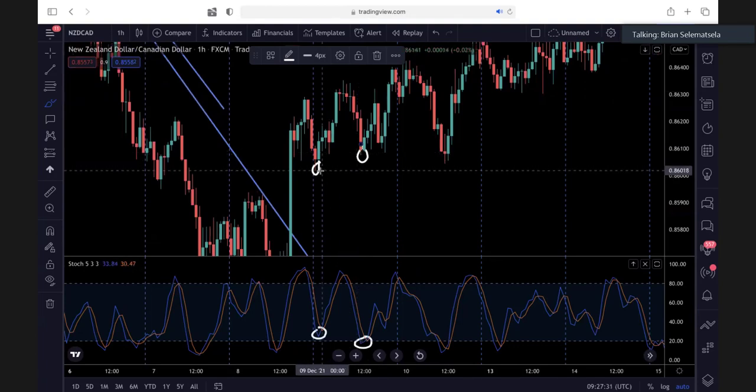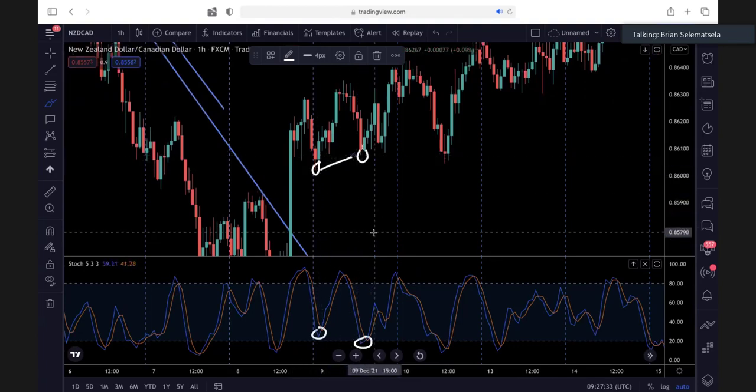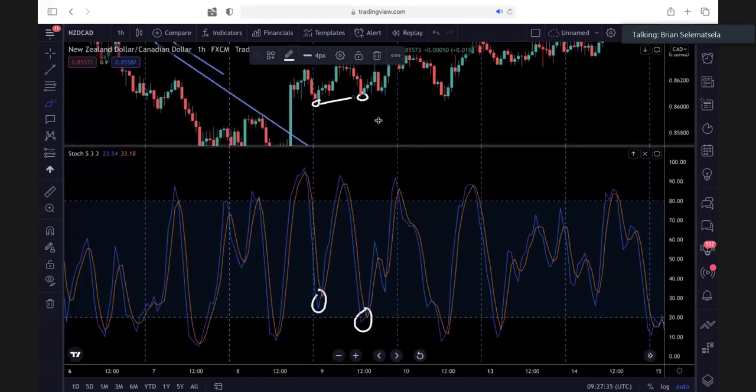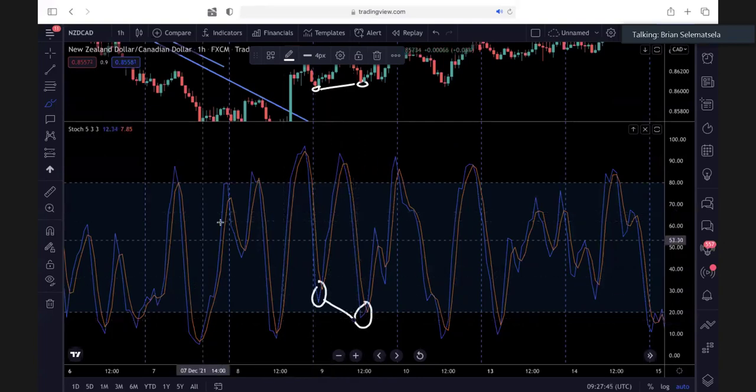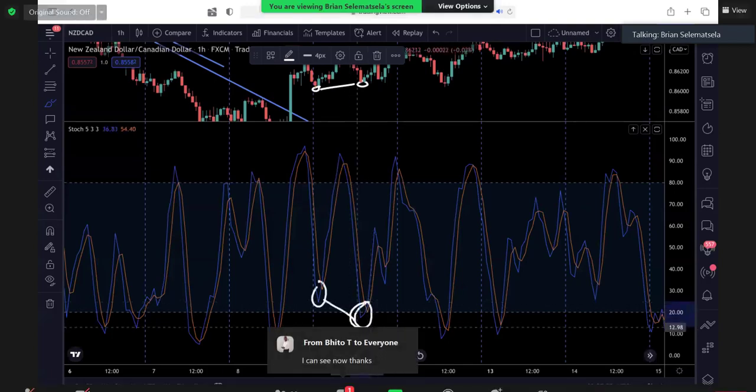Looking at those 2 points, you can see that from this point to that point, it's an ascending movement. From this point to that point, it's a descending movement. So the final confirmation is done through the crossing over between the blue line and the orange line around here. Immediately after the oversold is touched, we fully confirm with the crossing over.